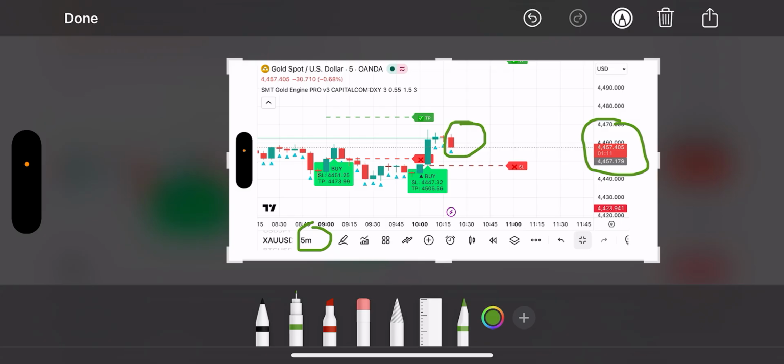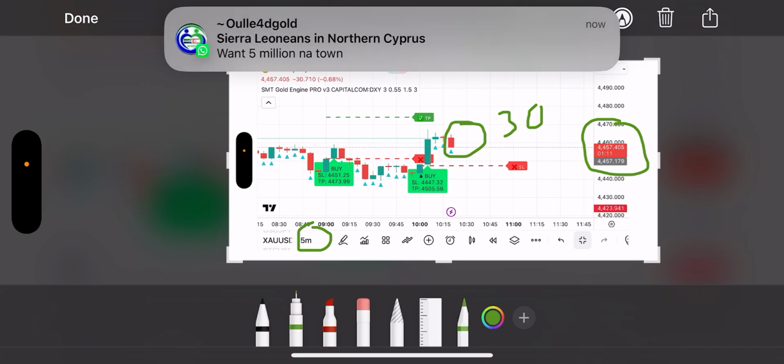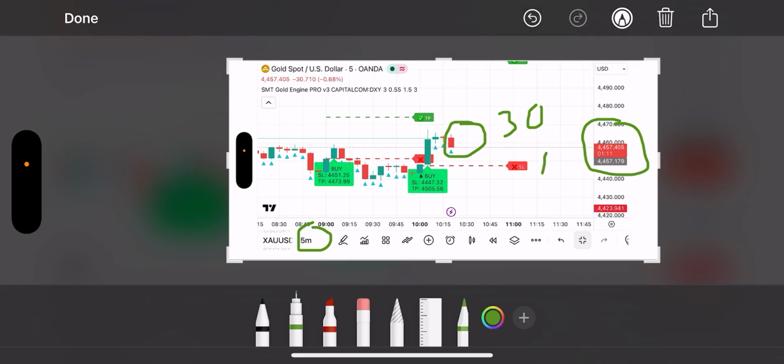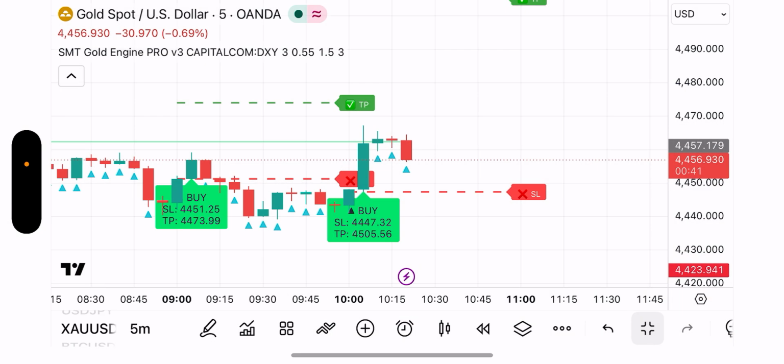So if we change it to 30 minutes, it will take 30 minutes for each and every candlestick to develop. If we change it to an hour, it will take 1 hour for each and every candlestick to develop. So it is quite easy. It's not something that is overthought.